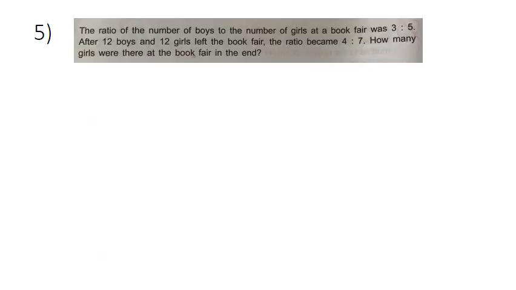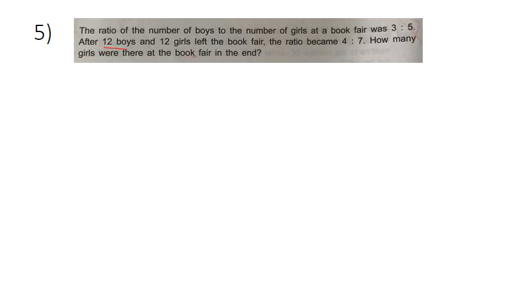Let's take a look at the last question. Question 5. The ratio of the number of boys to the number of girls at the book fair was 3 to 5. After 12 boys and 12 girls left the book fair, the ratio became 4 to 7. How many girls were there at the book fair in the end? Now, again, this is a question of before and after.